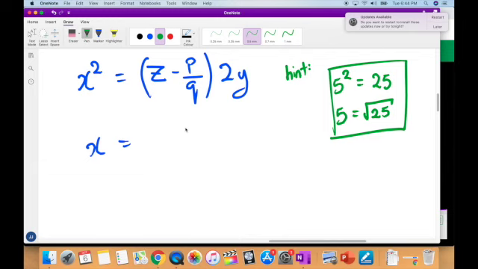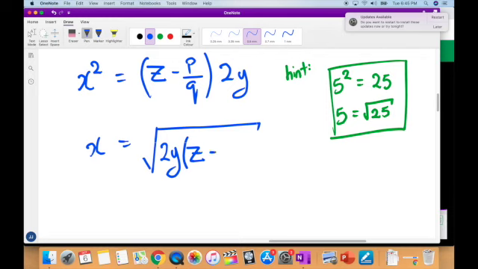Yeah. So all you need to do is, if you have a square on this side, then you just find the square root of everything over here. I'll put the 2y first, open bracket, z minus p on q, close bracket. Good job, Caitlin.